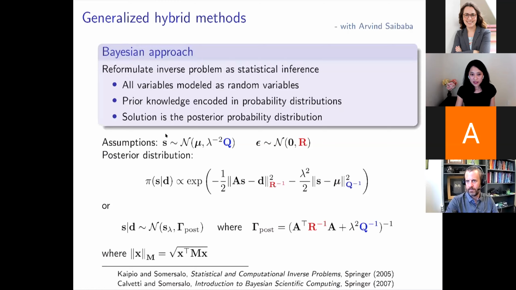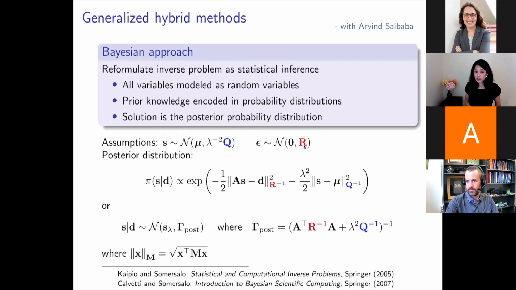In that sense, what we're going to look at is the following scenario, where the assumption is that your unknown image or vector comes from a Gaussian with a mean mu and a covariance matrix Q, which is my prior covariance matrix. And then I'm going to use the simple assumption that my additive noise comes from a Gaussian with a diagonal covariance matrix.